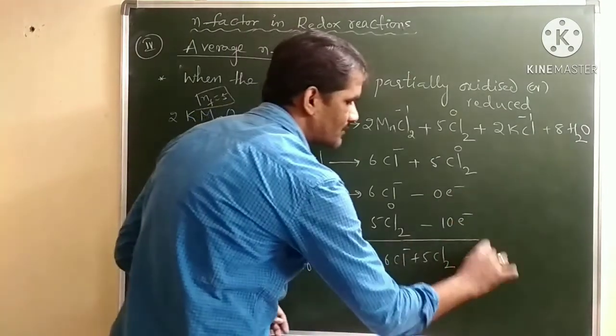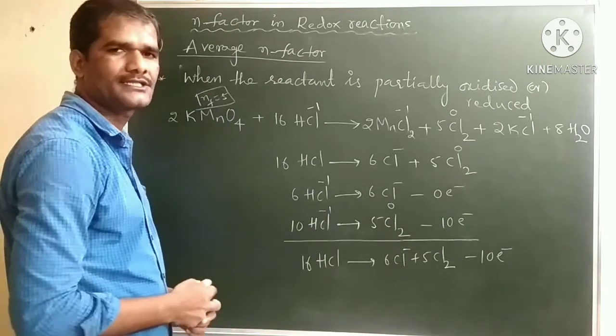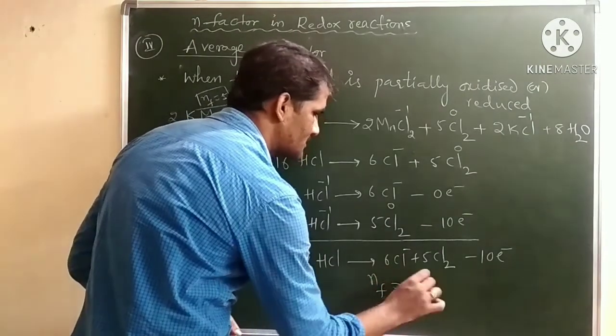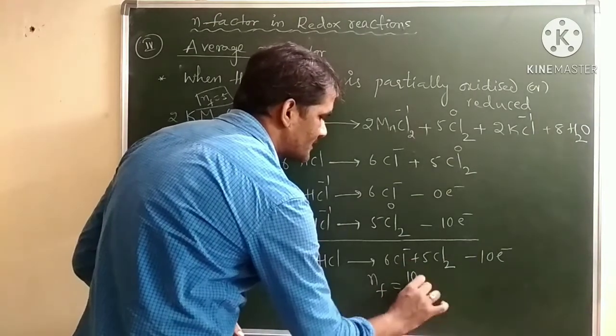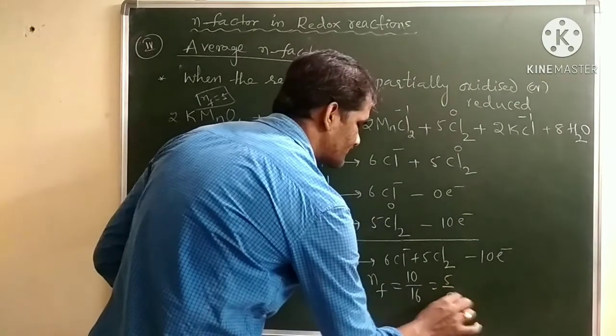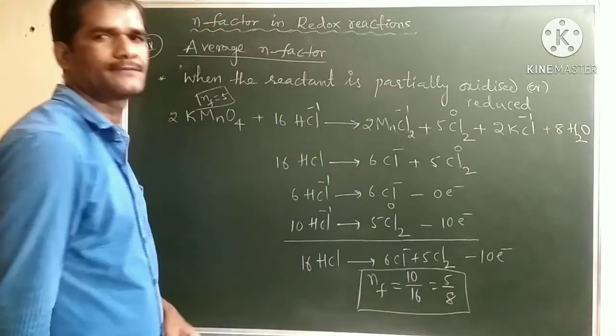So the total electrons lost by those 16 HCl is 10. Then per HCl, how many electrons? That is 10 by 16, which is nothing but 5 by 8. This is the N factor for HCl in this case.